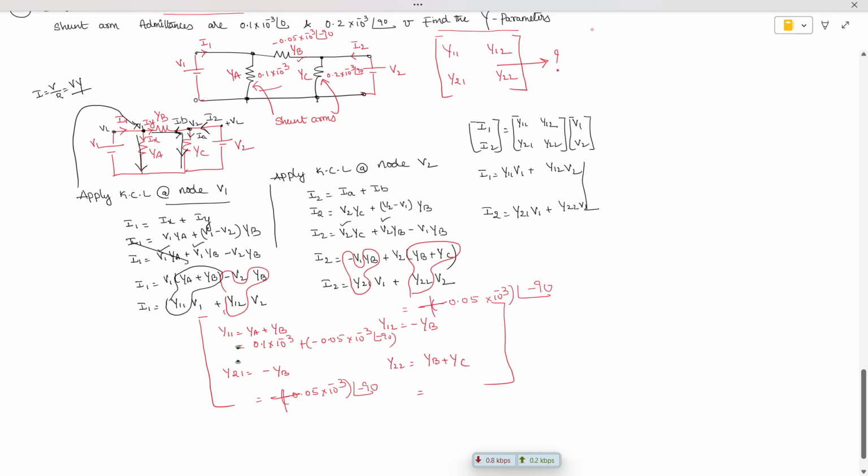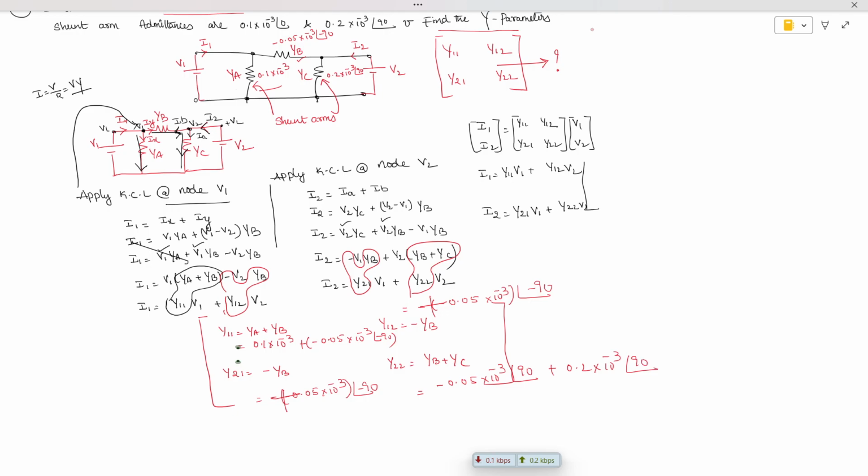And YB plus YC is minus 0.05 into 10 to the power minus 3 at an angle of 90 plus 0.2 into 10 to the power minus 3 at an angle of 90.